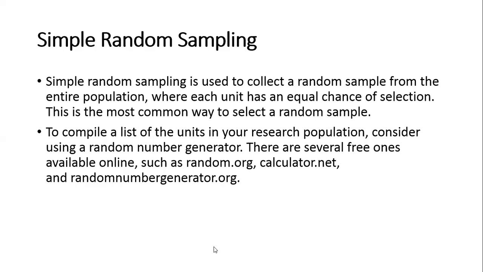There are several free ones available online, such as random.org, calculator.net, and numbergenerator.org. With simple random sampling, you can use different methods, even a lucky dip, for example. That's simple random sampling.